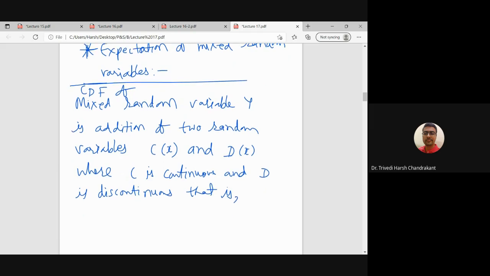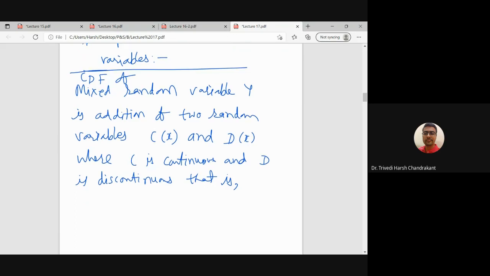So we say that the CDF of a random variable is discontinuous. That means its probability mass function is non-zero. So it is not left continuous, and the difference between the value of the function and the left limit is positive. So that is a probability mass function.